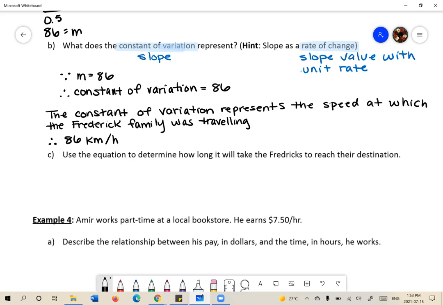Use the equation to determine how long it will take the Frederick family to reach their destination. So we created the equation d is equal to 86t. And it's asking us to determine how long it will take. We're trying to solve for time, which is variable t.